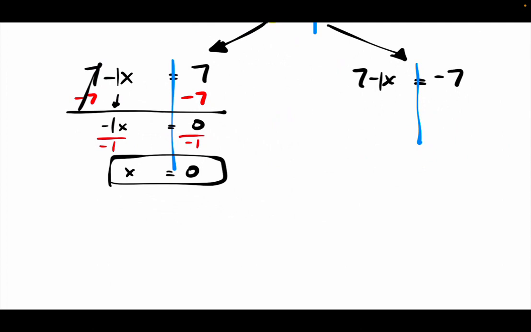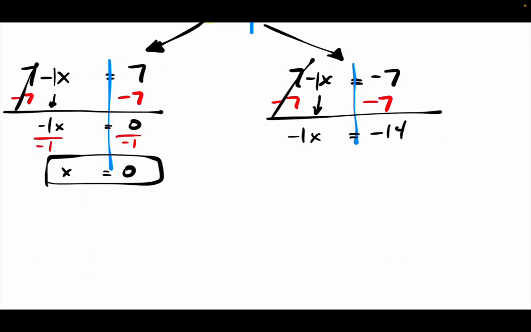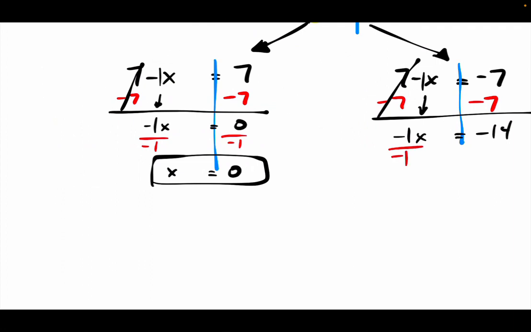Luckily, it's the same steps. You're going to subtract 7. You're going to not get the same answer, but it's going to be the same steps. You're going to get -14. You still divide by -1.